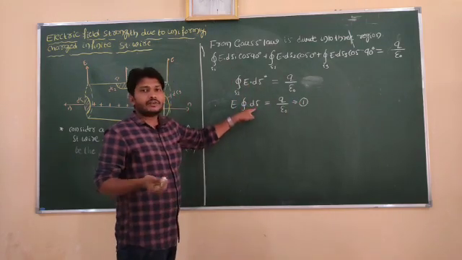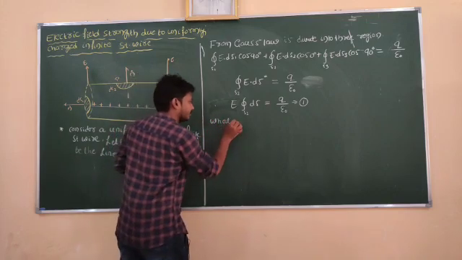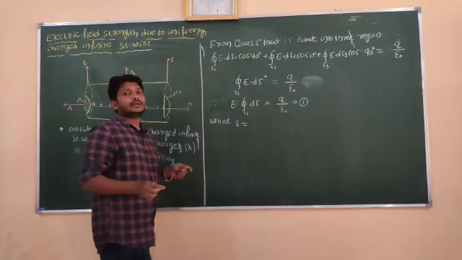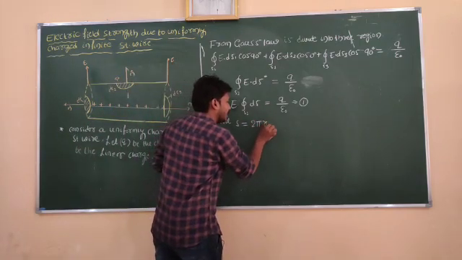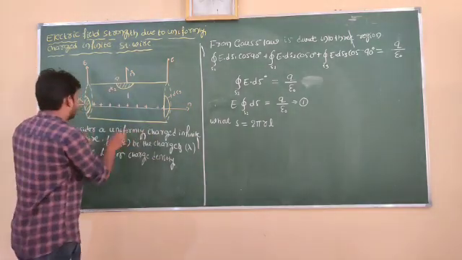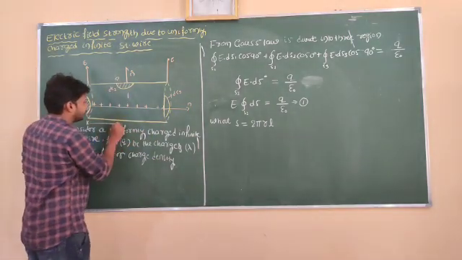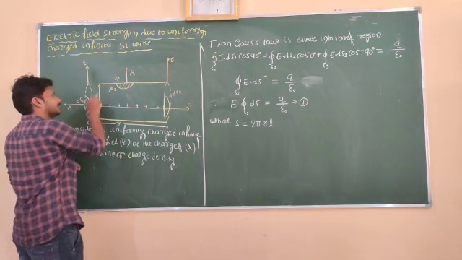So integration of dS is nothing but S here, where S is the surface area of the cylinder. What is the formula? 2 pi r into L. For example, this is the length of the cylinder and this is the radius here.